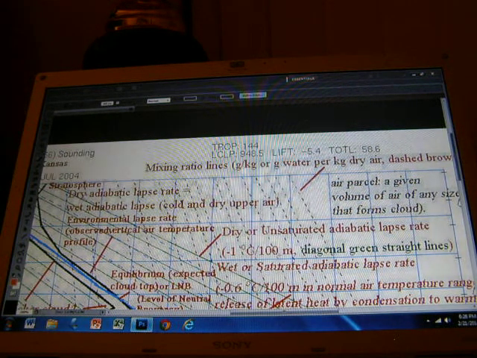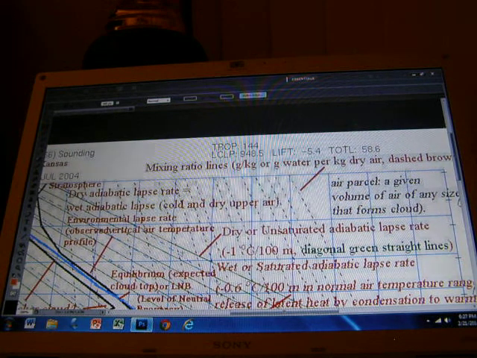This is because when the air parcel rises, volume expands and the temperature cools to provide the energy to do the volume expansion, which we call the expansion cooling effect.